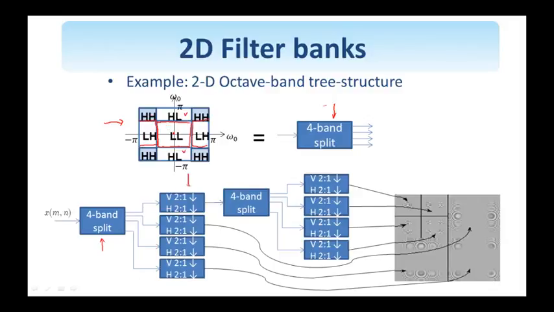So in the first pass, I split the image into 4 bands, and then, for example, I can take the low frequency band and split it into 4 additional bands. So that's how the picture is going to look in the frequency domain. Here are the 4 original bands, and then the low frequency band was split into 4 additional ones.